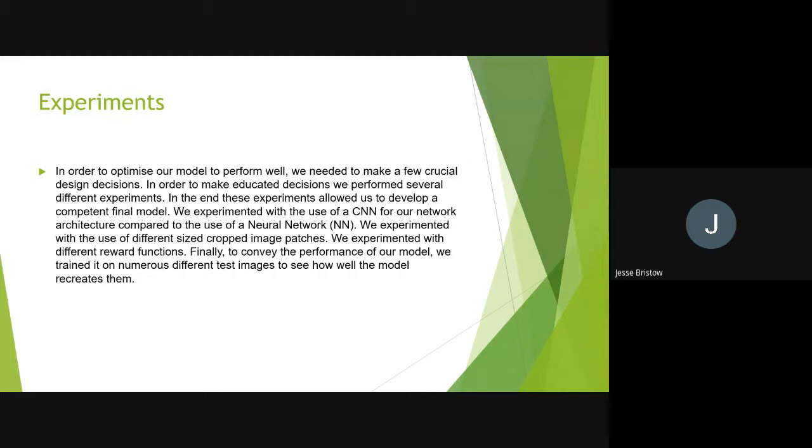We experimented with the use of a convolutional neural network for our network architecture compared to the use of a neural network. We also experimented with the use of different sized cropped image patches. And lastly, we experimented with different reward functions. Finally, to convey the performance of our model, we trained it on numerous different test images to see how well the model recreates them.